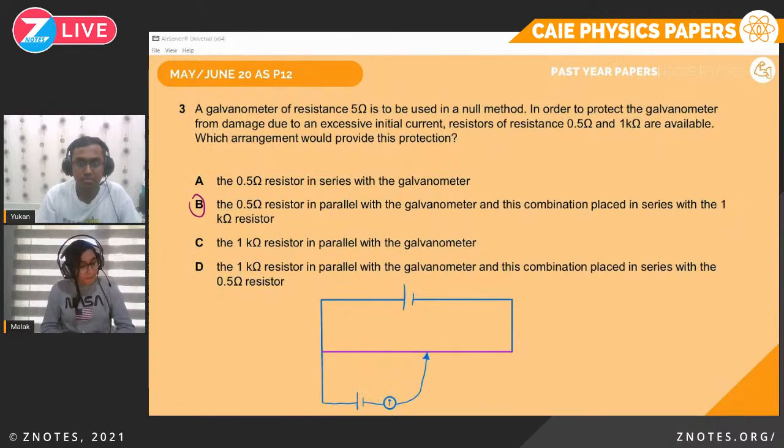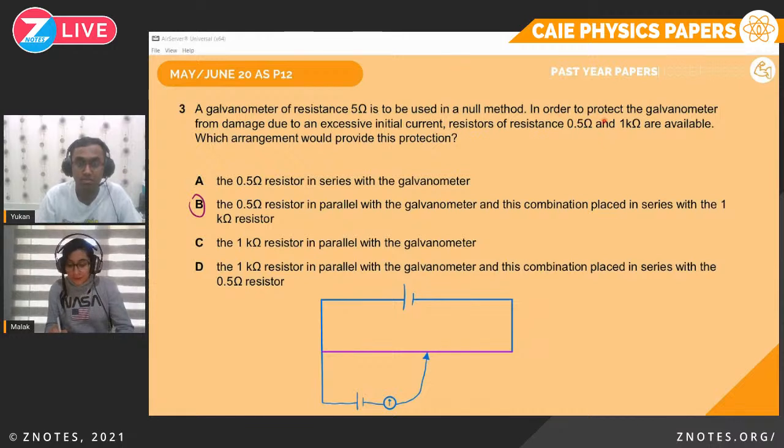Question 3. A galvanometer of resistance 5 ohms is to be used in a null method. If you're not sure what a null method is, it's used to find out what the EMF of a battery is.